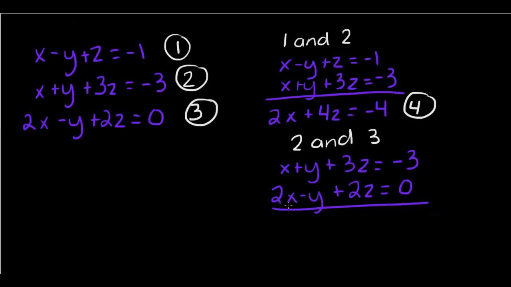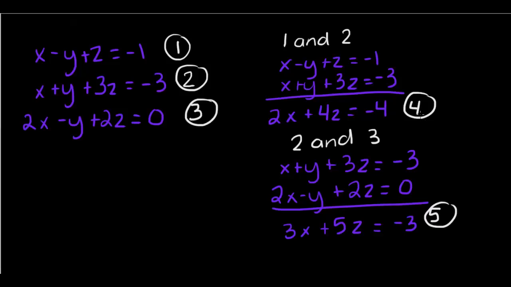So we combine them. x plus 2x, 3x. y minus y cancels out. 3z plus 2z is 5z equals -3. And I'm going to label this 5.